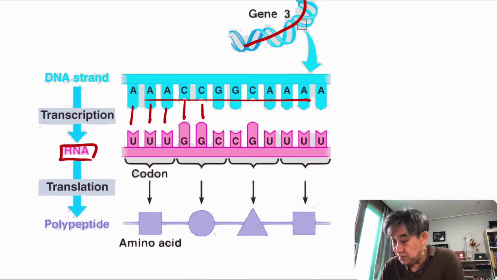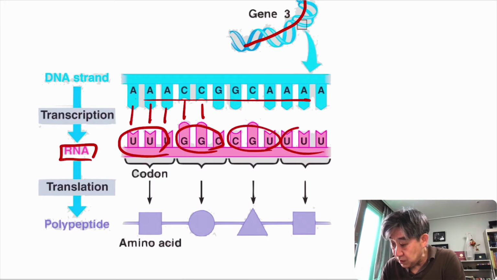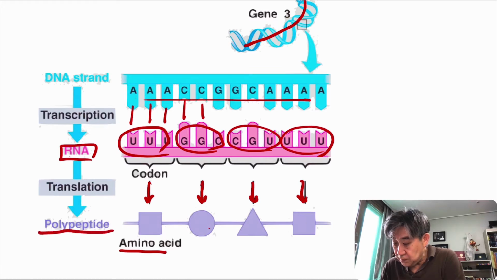But then the information present in this RNA, which we are going to take a look at in a little bit more detail later in this chapter, is organized in specific ways: three nucleotides forming a single unit, and each three nucleotides will specify a specific amino acid. That's how the information present in the RNA can be converted into the identity of amino acids to produce a protein.